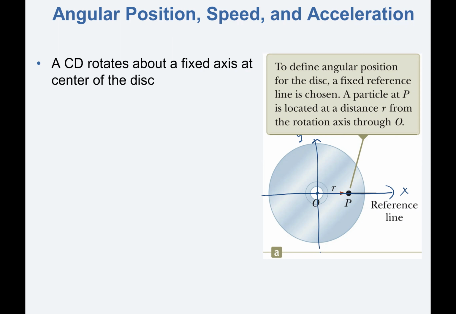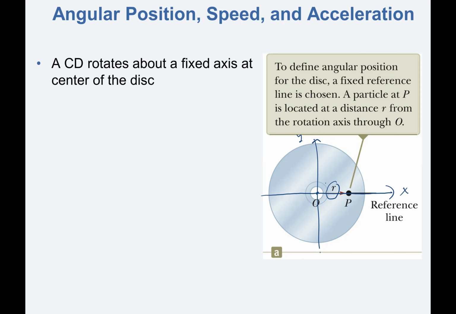If I'm considering a particle in this object that's at position P, that position P represents the position of some particle in that object, which has a distance r from the center of rotation, or axis of rotation, okay?